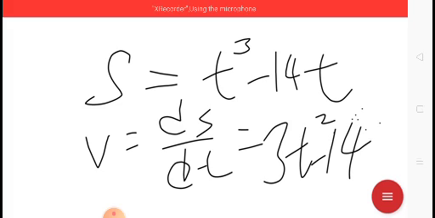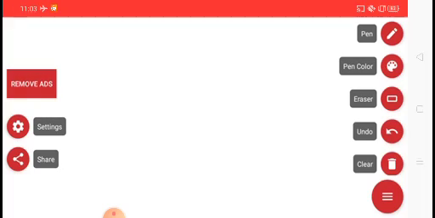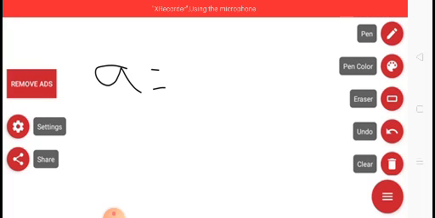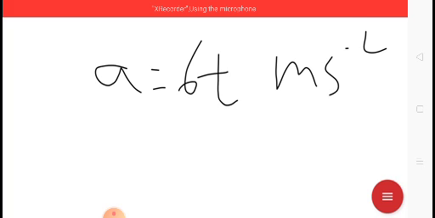This is your expression for the velocity, the requirement of the question. But if you go further, which is not in your question, the acceleration will be equal to 6t, because you know the acceleration is equal to dv dt.